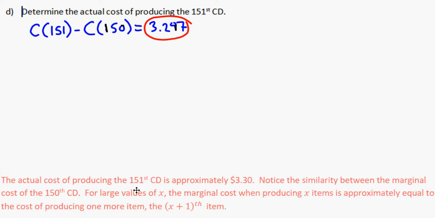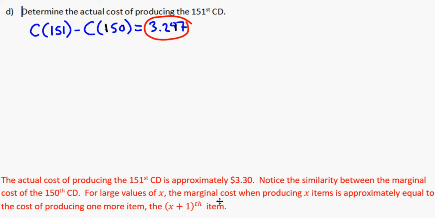Well, the actual cost of producing the 151st CD is approximately $3.30, and we notice a similarity to the marginal cost of the 150th CD. For large values of x, the marginal cost for producing x items is approximately equal to the cost of producing one more item, the x plus 1 item.